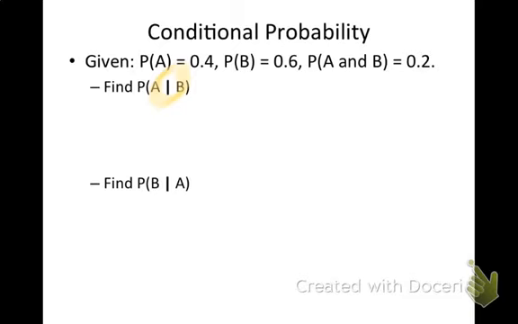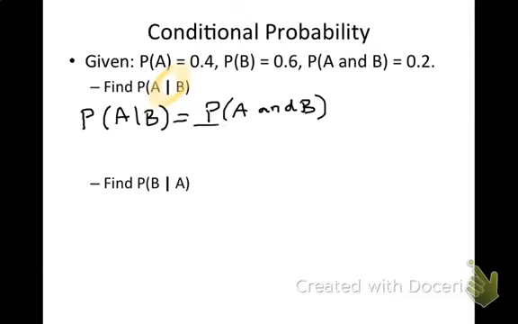Okay, so for this one, we've been given the probabilities pretty straightforward, but you just have to remember that the probability of A given B, don't get so caught up on the letters, it just matters about the order, is equal to the probability of A and B divided by the probability of your given, which in this case is B. Okay? So you do both over your given, which is last.